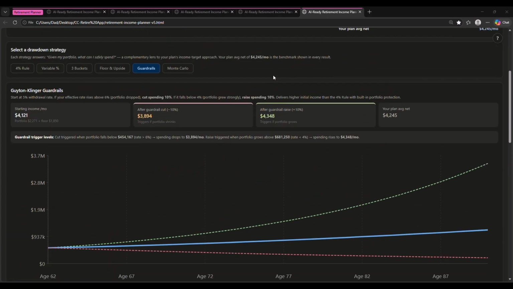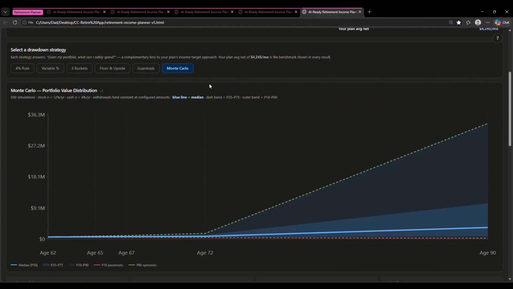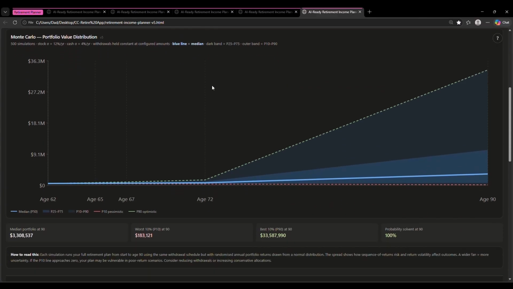And finally, we will look at the Monte Carlo strategy here. Monte Carlo is the strategy that runs last and ties everything together. Rather than using average market returns, it runs your full retirement plan hundreds of times with random return sequences drawn from a normal distribution, the same way markets actually behave, with some good years and some bad years in unpredictable order.